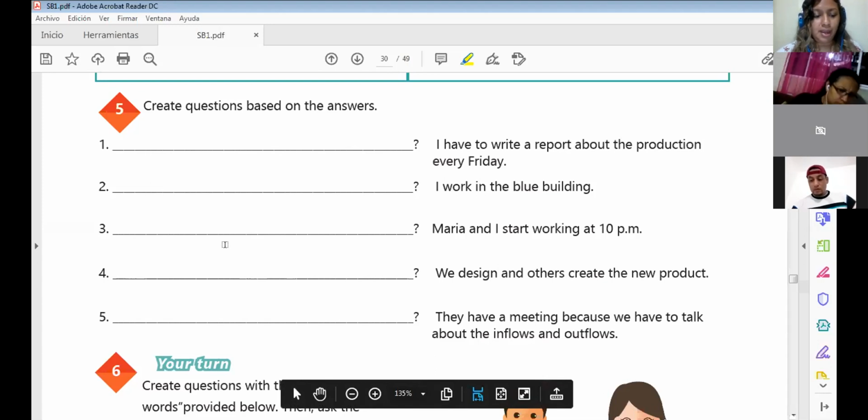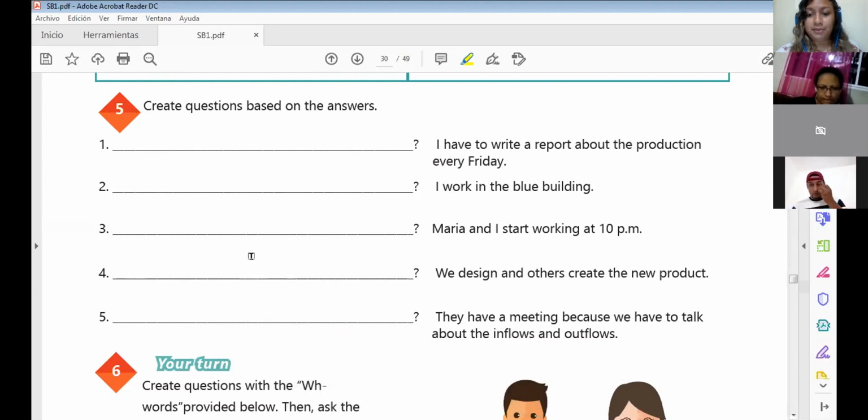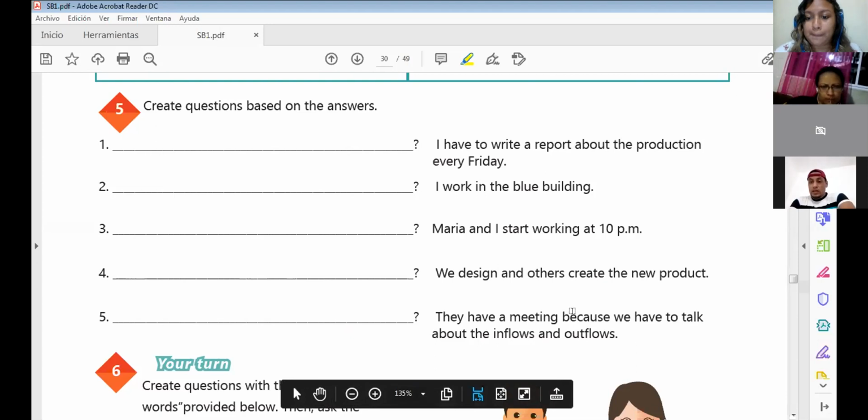Okay, now, number 5. They have a meeting because we have to talk about the inflows and outflows. Now, do you have an answer for this one? Okay, it says they have a meeting, and look at this word here: because. ¿Por qué?